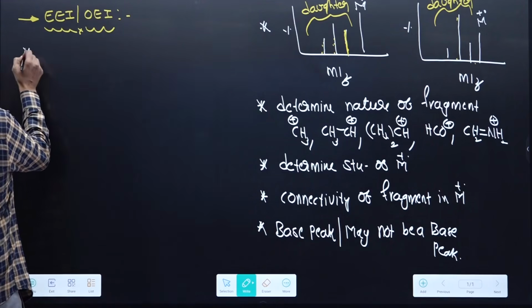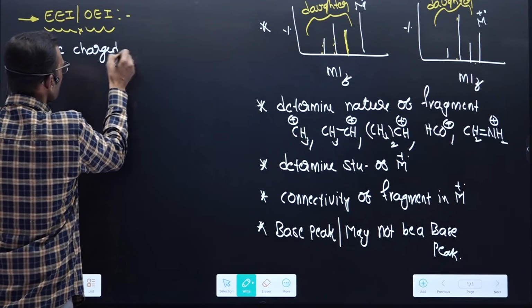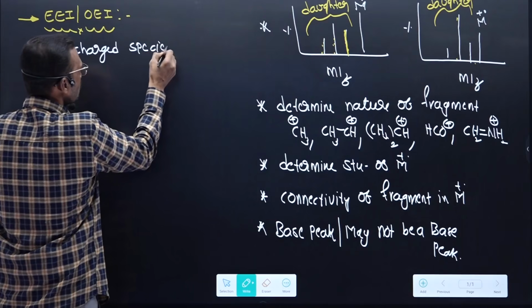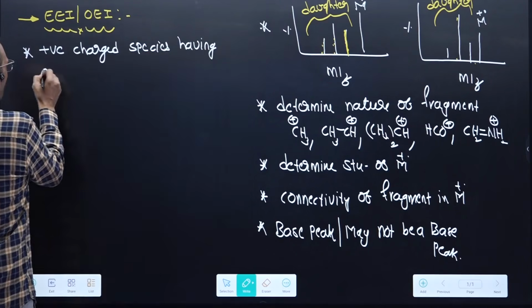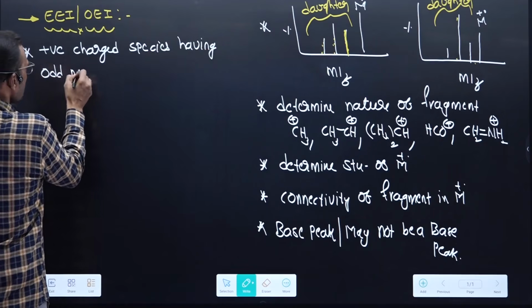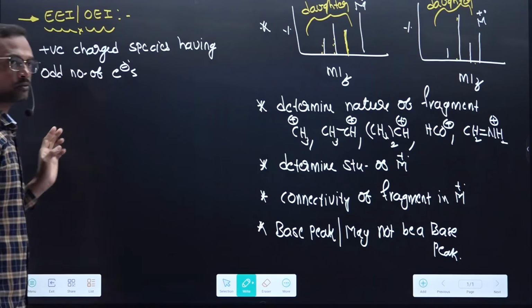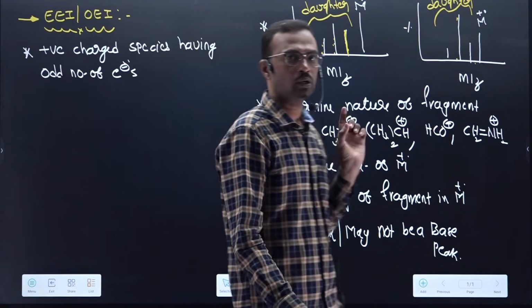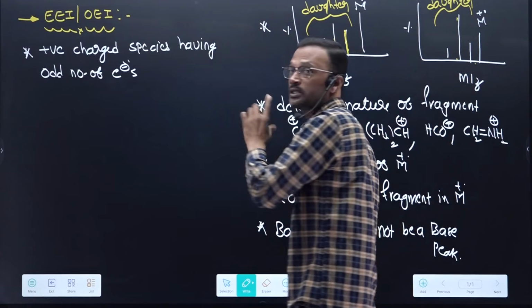So what is an odd electron ion? I am taking a positively charged species having an odd number of electrons. Just count the total number of electrons. If the electrons are an odd number, that is called an odd electron ion. These definitions are very, very important, so listen carefully.